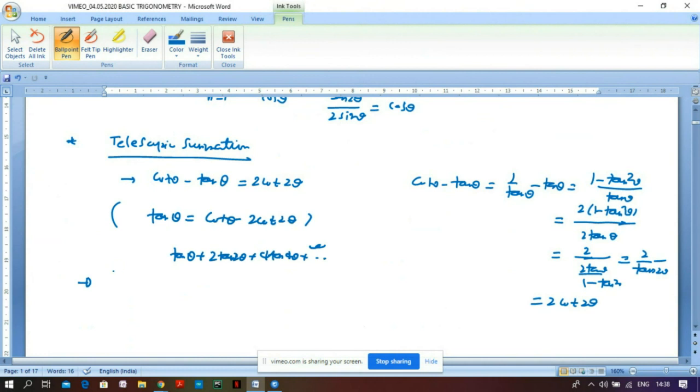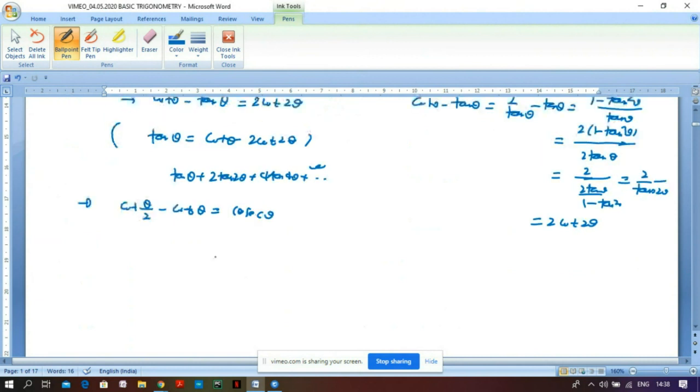Another result is similar looking: cot theta over 2 minus cot theta is cosec theta. It is useful if you have to find, say, 1 upon sine theta, 1 upon sine 2 theta, 1 upon sine 4 theta, all in GP. You have to find this series.